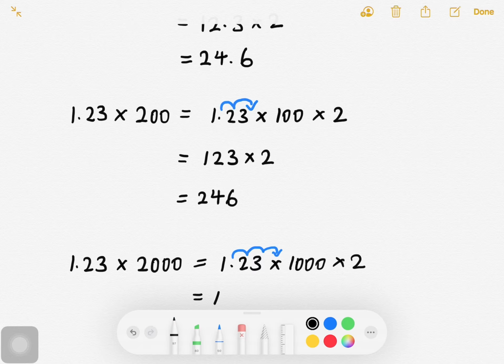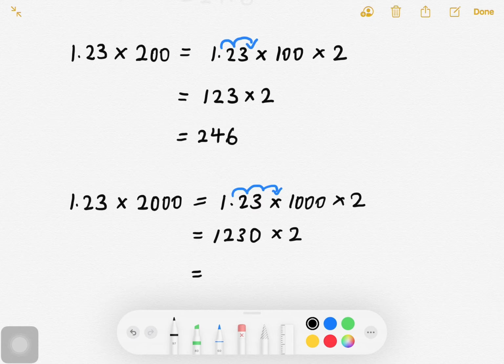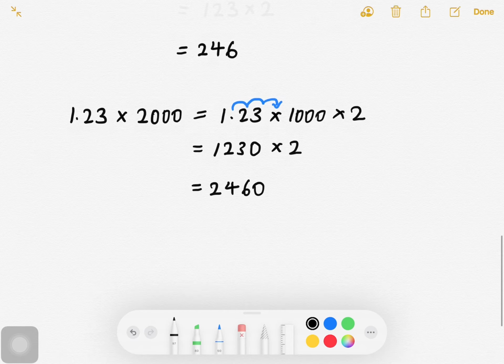I will get 1230, multiplied by 2, and my answer will be 2460. So nothing changes. I can just change different decimals, different numbers. It's the same.